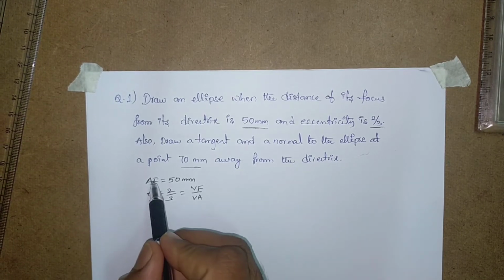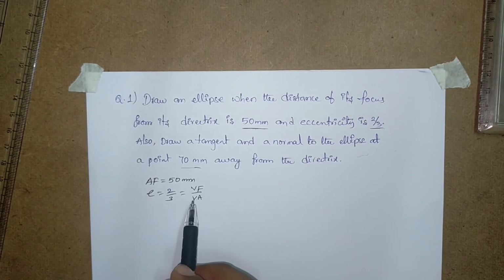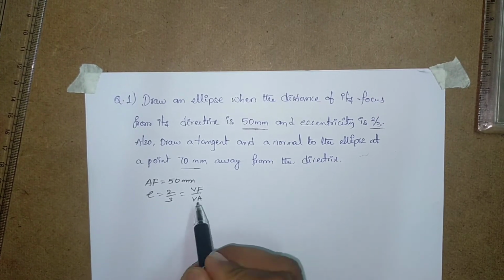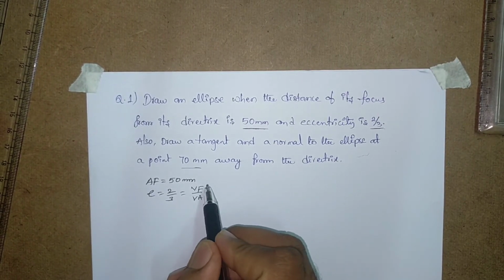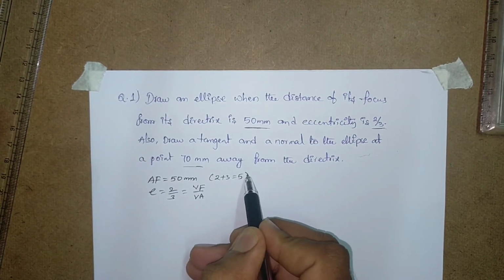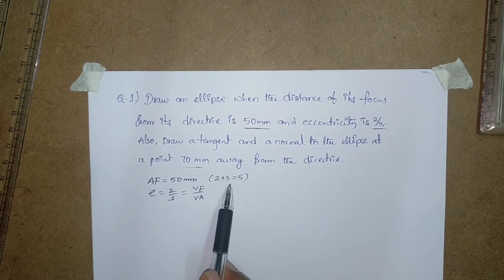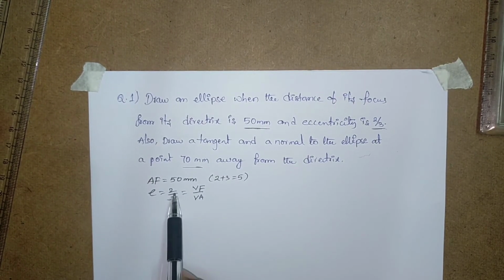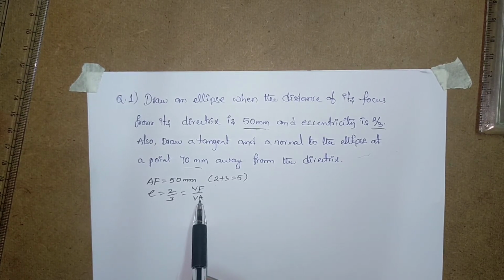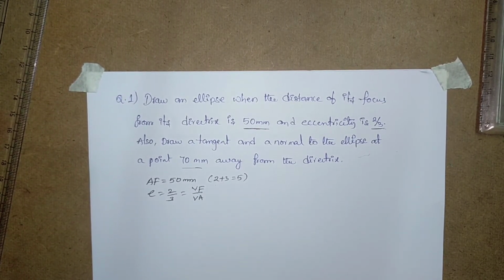How to mark the vertex point V? AF is the sum of the distances, in the ratio of eccentricity, 2 plus 3 equals 5. AF is divided into 5 equal divisions. The second division from the focus is the vertex point, or the third division from the directrix is the vertex.